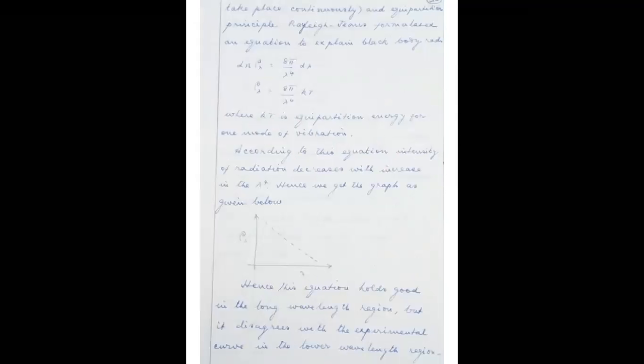According to the basic assumptions of classical mechanics, Rayleigh and Jeans worked together. They took the assumptions of classical mechanics and the equipartition principle, which I have already explained: each mode of motion of a particle will contribute an amount of half kT to the total energy of the system.